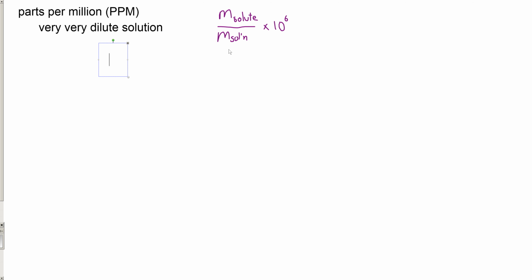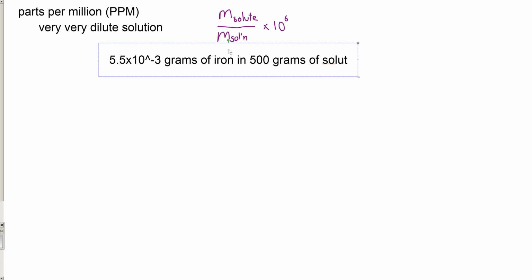So let's say we had 5.5 times 10 to the negative 3 grams of iron in, let's say, 500 grams of solution.